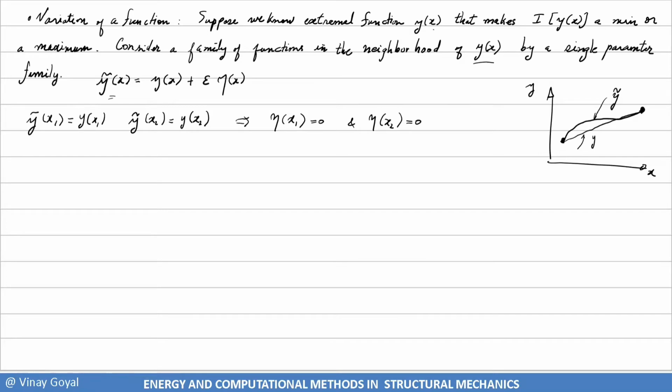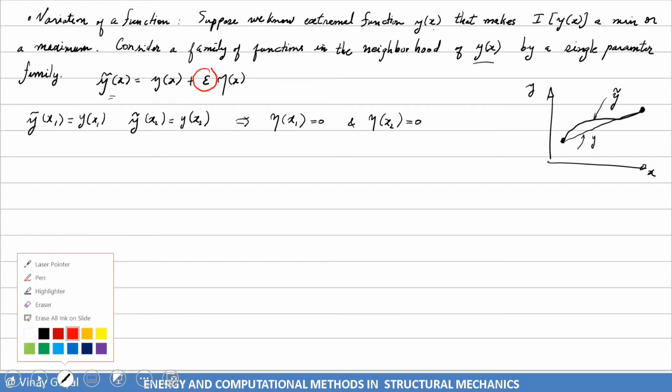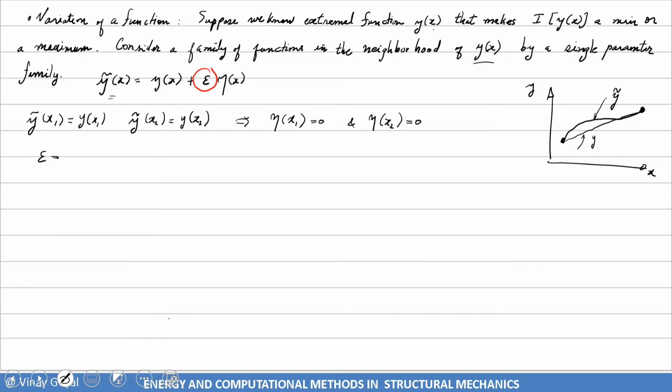Okay, and I'm going to now consider this epsilon right here to be an infinitesimal scalar quantity. Okay, so epsilon is an infinitesimal scalar quantity.